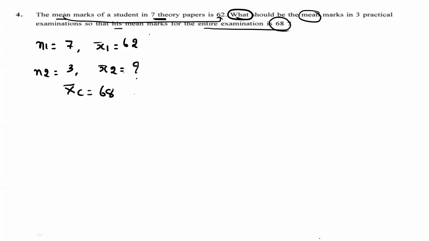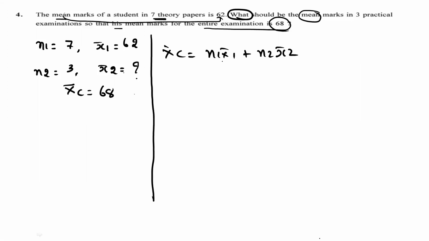Roll number 67, you know the formula. Which formula are we going to use? N1 x1 bar plus N2 x2 bar upon N1 plus N2. Very fine. So x bar c, what do we write? 68.